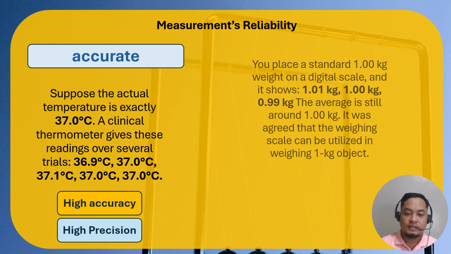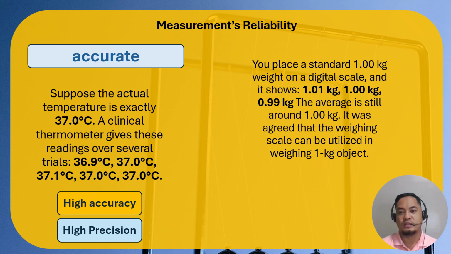Okay, and then you place a standard 1 kilogram weight on a digital scale, and it shows 1.01 kilogram, 1.00 kilogram, 0.99 kilogram. The average is still around 1 kilogram, close to that accepted value, the standard 1 kilogram weight on a digital scale.